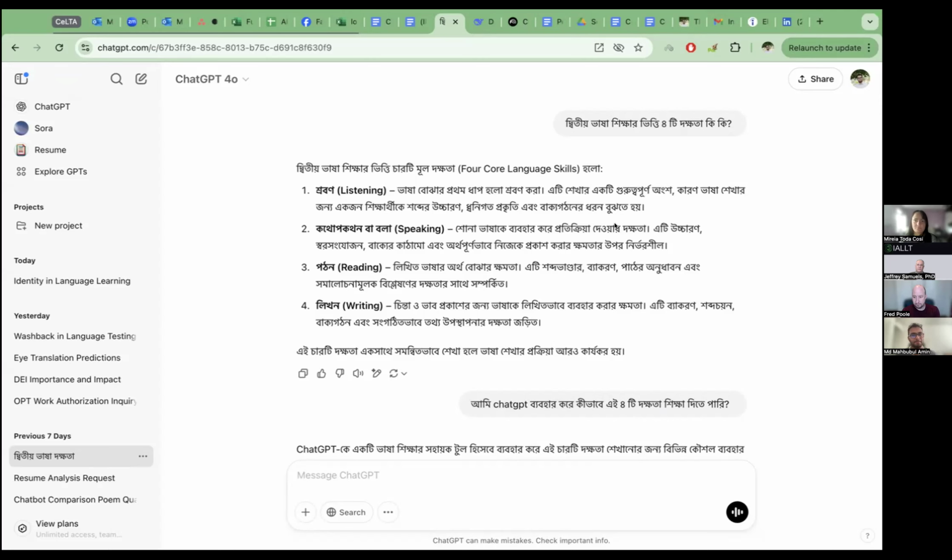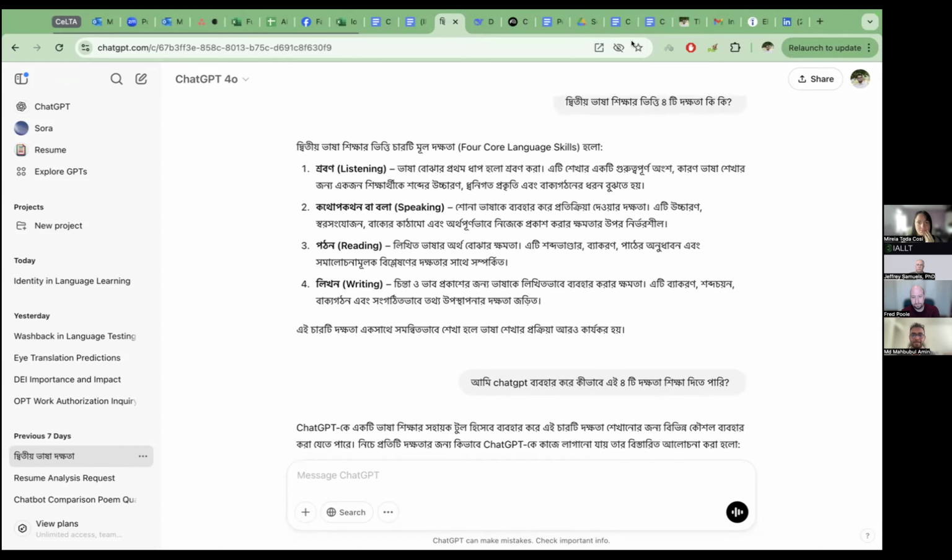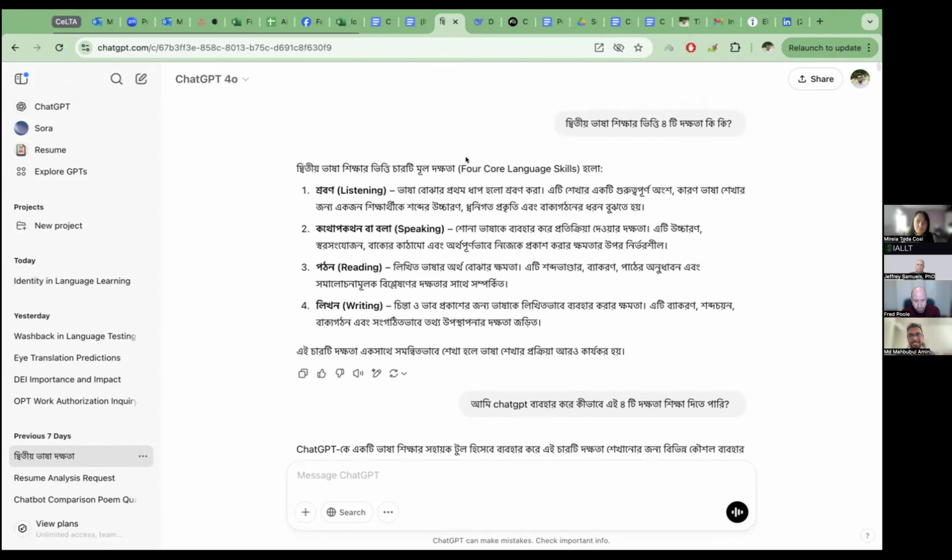So I've been doing research using ChatGPT, and I can talk about it for a long time, but I think that's not what we are doing here. So let's get to the point. I started here with Bengali, and I translated the prompt into Bengali so that I can see if ChatGPT can understand my prompts in Bengali.